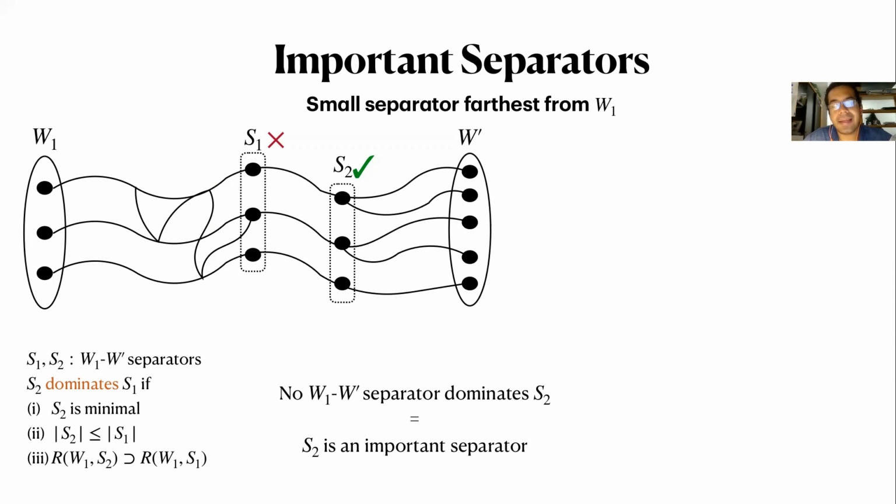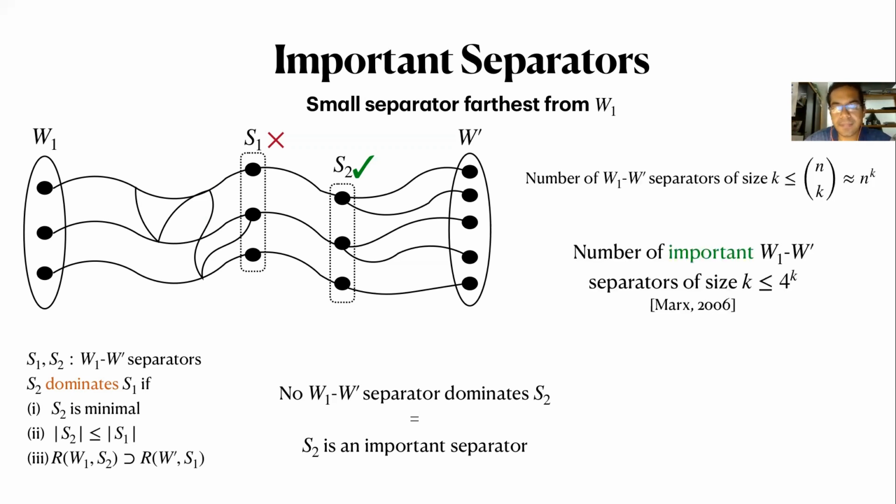And S2 is an important separator if no W1-W' separator dominates S2. So basically, you are trying to push this separator as far as possible from W1. And at the point where you cannot push any further, that separator is called the important separator. It is the small separator farthest from W1. That's how we define it.